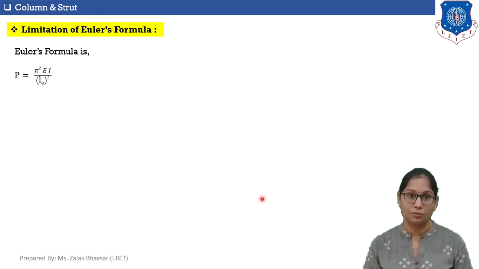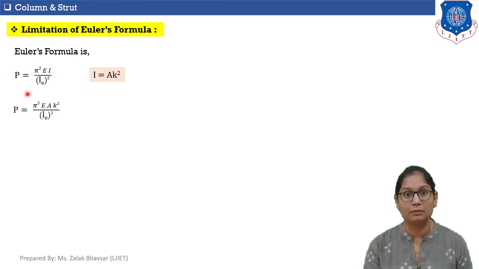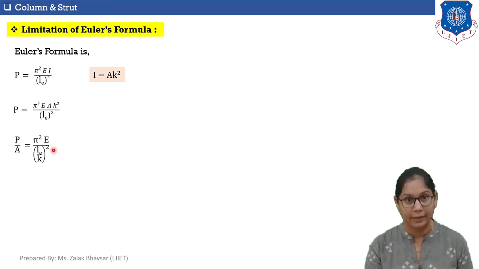So here is Euler's formula. Okay, as we discussed, P is equal to pi square EI upon LE square. Now we know that I is equal to AK square. So if I put I equal to AK square in this equation, then P is equal to pi square E AK square upon LE square. Now I can rearrange the equation as P by A is equal to pi square E upon (LE by K) square.